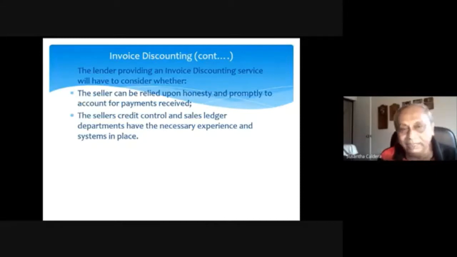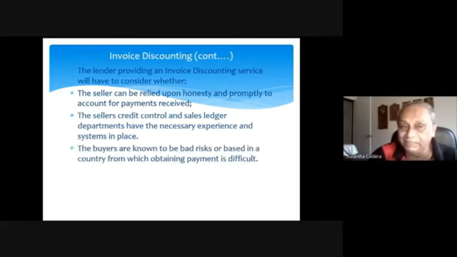How are they? Whether they are good paymasters. Will they honor the payments on the due date? ඒ පැත්ත අපි බලන්න යනවා.